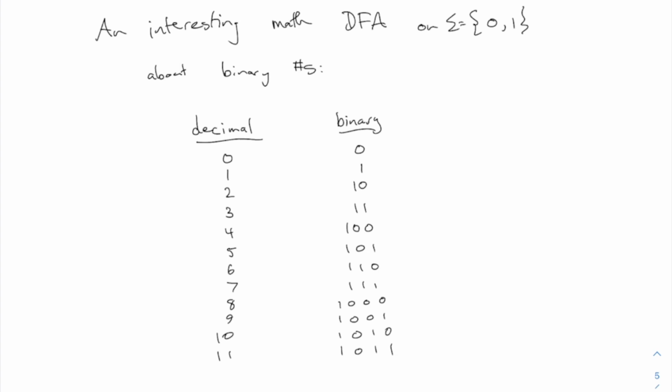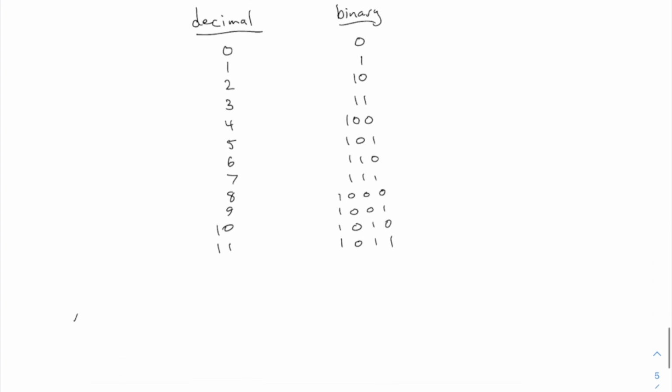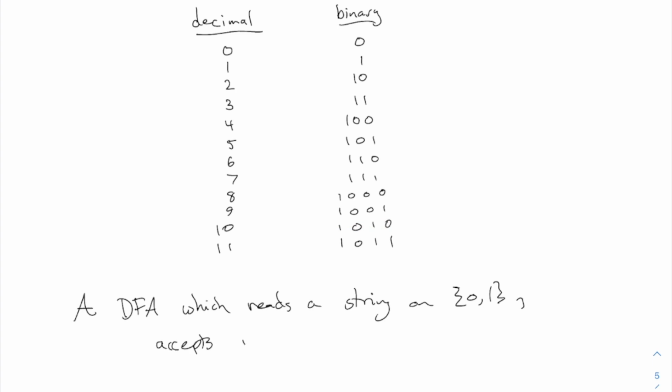But what I would like is a DFA which reads a string of zeros and ones, which is going to look like one of these binary numbers, and accepts when the number is divisible by 3, and rejects otherwise. That's what the DFA is supposed to do.